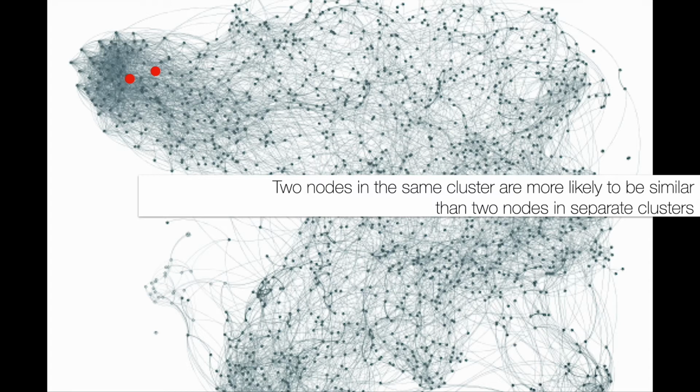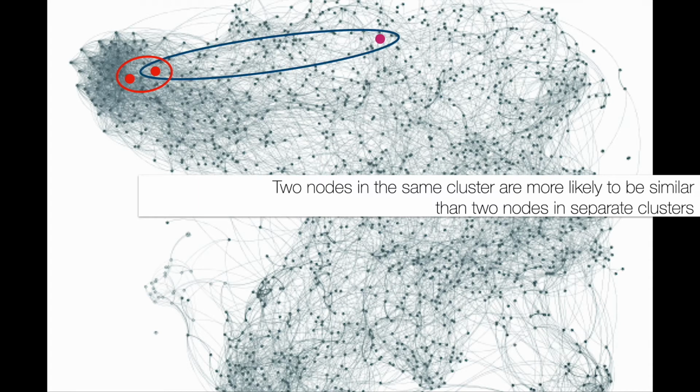We would expect this with SimRank, that if we took these two nodes in the same cluster, they're likely to have very similar SimRank vectors. You can imagine this graphically: regardless of whether you click the left node or the right node, you're likely to show up or stay somewhere in that neighborhood.